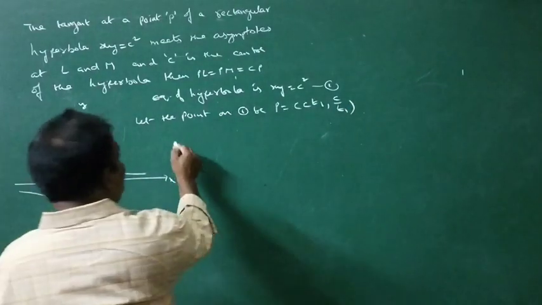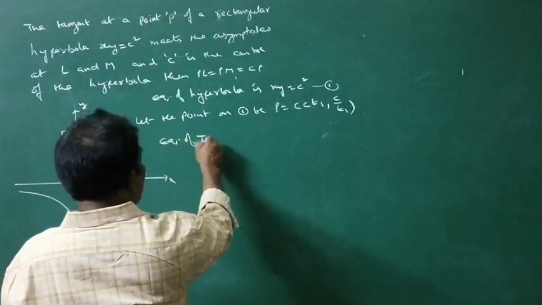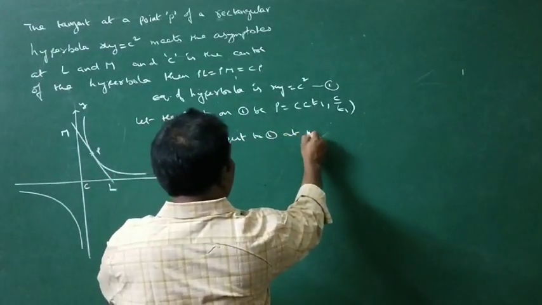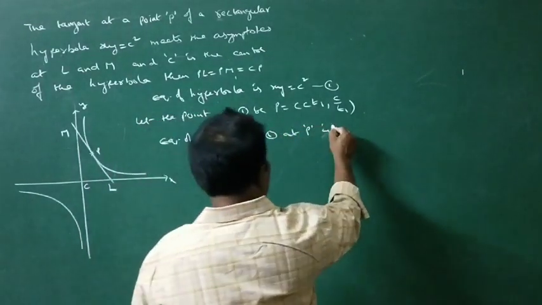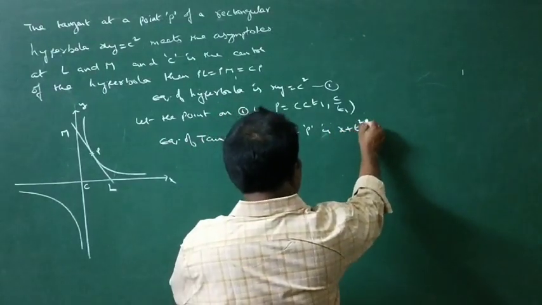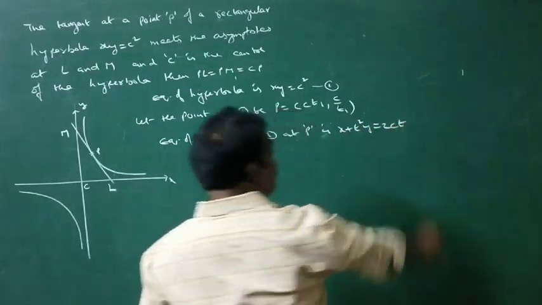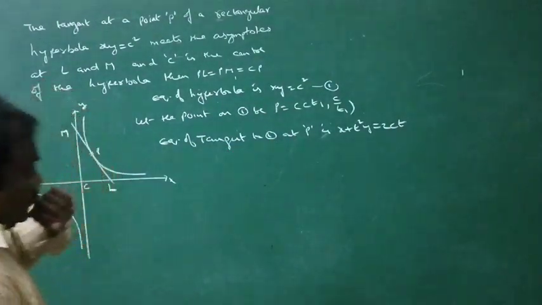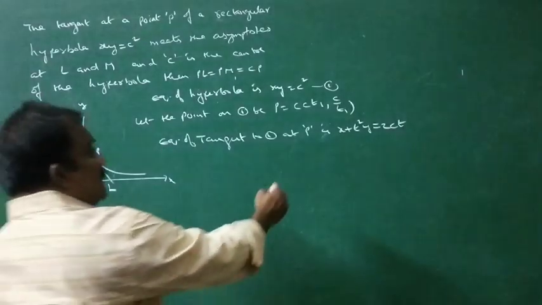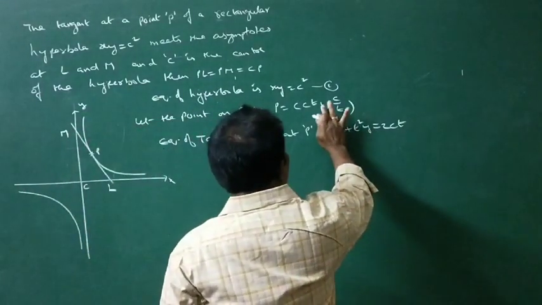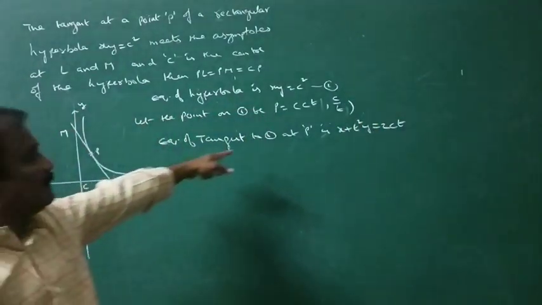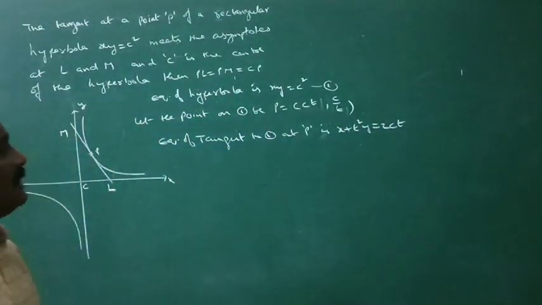Therefore, equation of tangent to 1 at P is x plus t square y equal to 2ct. That means here we have to take the point as ct comma c by t. Then the equation of the tangent at P is x plus t square y equal to 2ct.